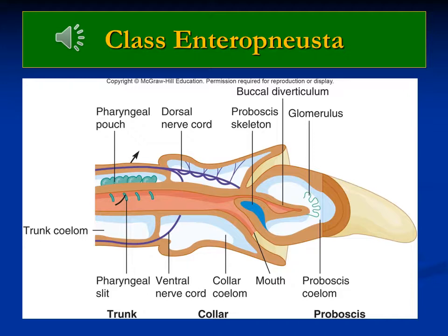If you look up at the proboscis, inside of the proboscis is a structure called the glomerulus. And we have a glomerulus in our kidney, and that glomerulus is essentially a filter. So the Enteropneust, the acorn worm, is using that glomerulus to filter waste material from their blood.